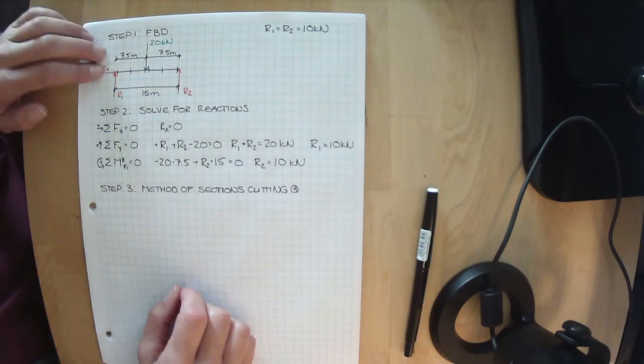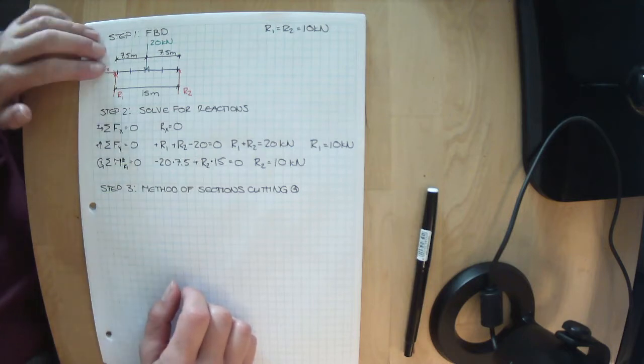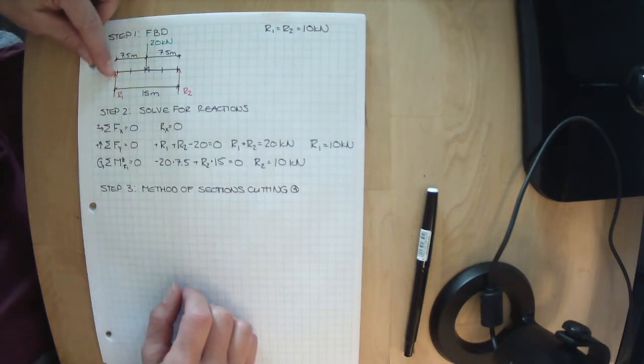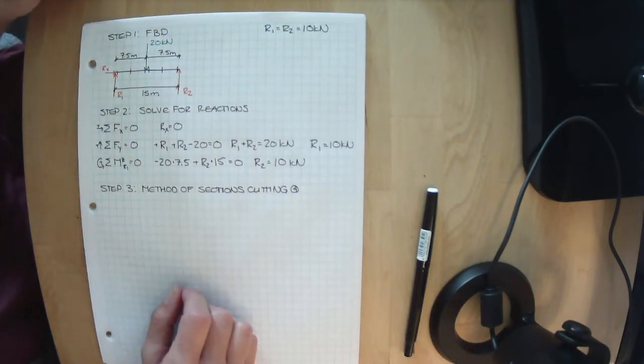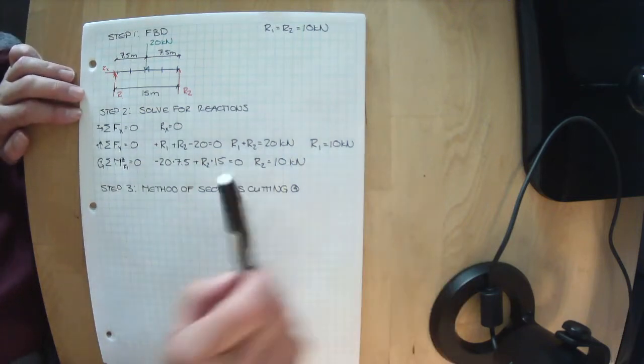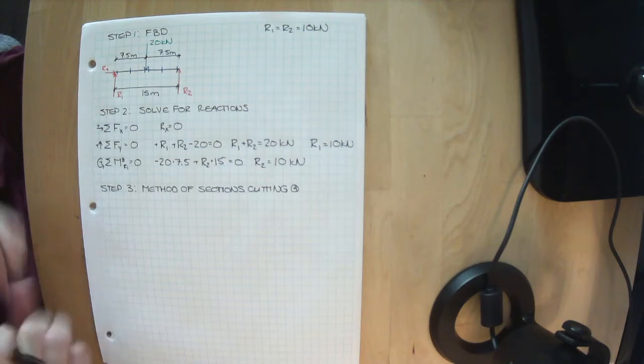I'm suggesting before and after anything interesting, and maybe somewhere in the middle. So maybe let's pick 3 spots between reaction 1 and the point load, and 3 spots between the point load and reaction 2. Let's pick as close to those places where something interesting happens as possible.